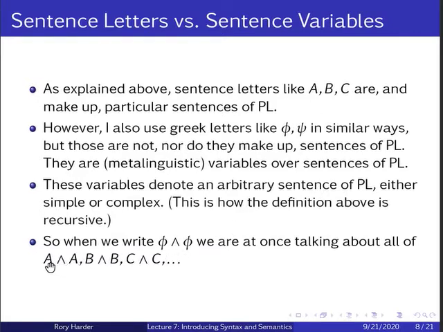So we're talking about, for instance, the sentence A and A, or the sentence B and B, or the sentence C and C. All these three sentences here are actual sentences of our logic. Whereas the sentence phi and phi is not a sentence of our logic. Rather, it's standing for a whole bunch of different sentences where phi is replaced by particular actual sentences.